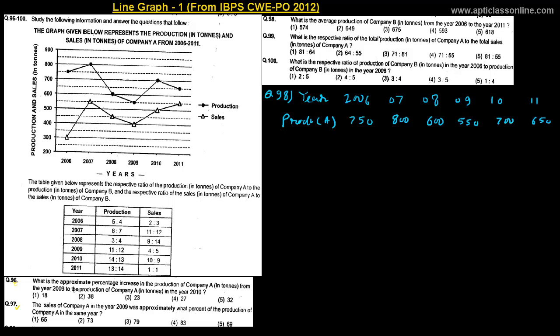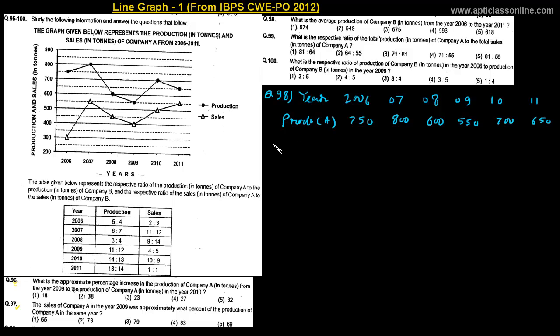So these are the values of production for company A, but we have to get the value for company B. So if we look at this table, the table given below represents the respective ratio of the production of company A to the production of company B, and the respective ratio of sales of company A to the sales of company B. So for 2006 the ratio of production of company A to B is 5:4.